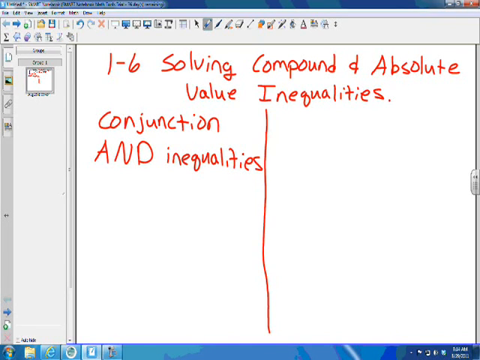And your variable is going to be in the middle. Your final answers for a conjunction will look something like this. 2 is less than x is less than 4. Okay, that is a conjunction where your x is in the middle. It's going to look different than the disjunction, which we'll talk about.